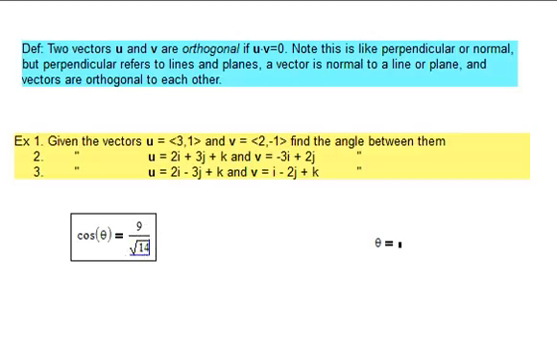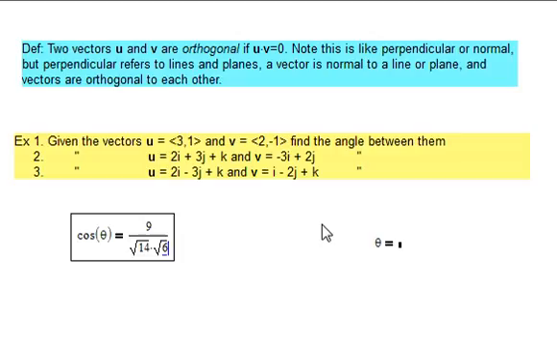times, sorry, typos galore here. Square root of 14 times square root of, I haven't calculated it yet, square root of 1 plus 4 plus 1, square root of 6.